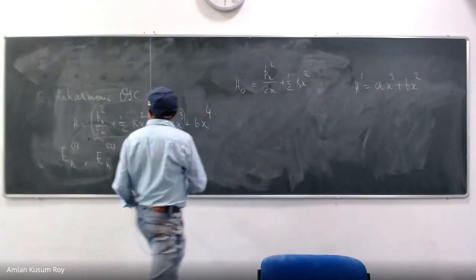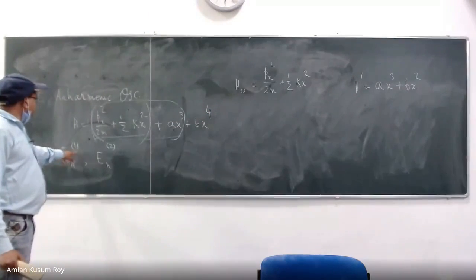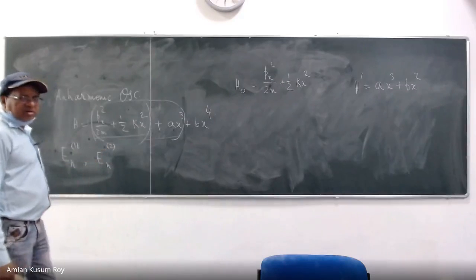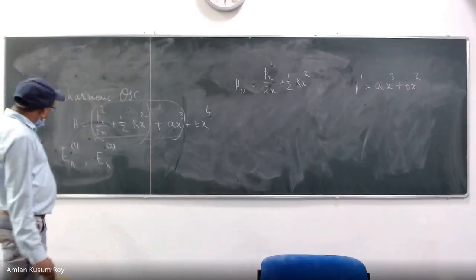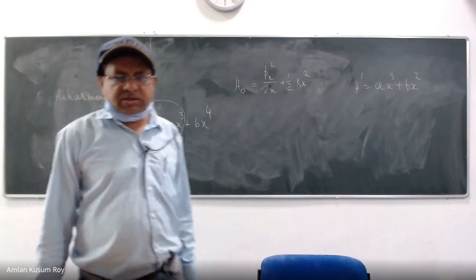Now what I have asked you, what is the meaning of this? Say in words. En1 and En2 means what? First order perturbation energy and second order perturbation energy. First order perturbation energy of what? Of whom? Which state?